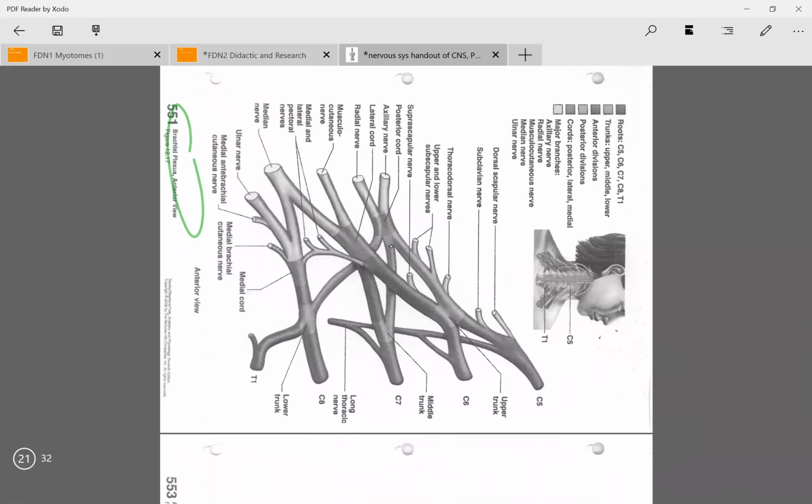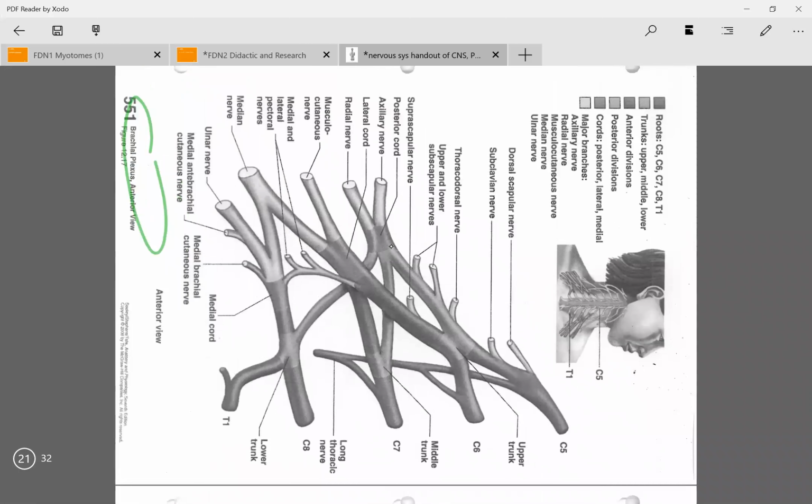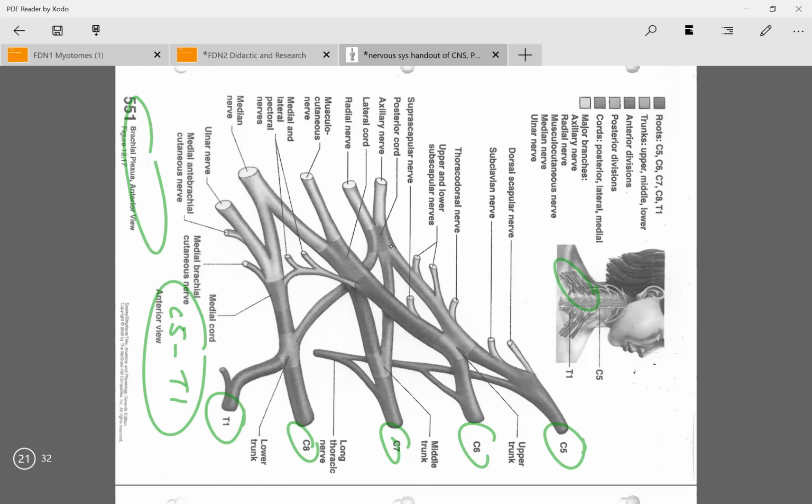Okay. All right. So the brachial plexus gets a little fancy here. So let's dive in. Okay. So this is C5 to T1. So there's C6, C7, C8, and T1. So these are the different nerve roots that come out of the lower part of the neck and innervate a lot of things in your upper extremity.